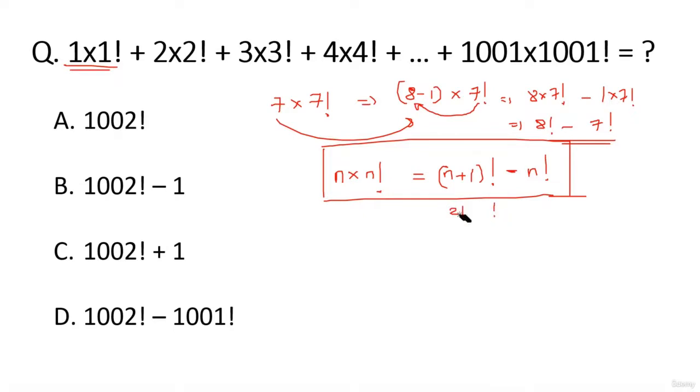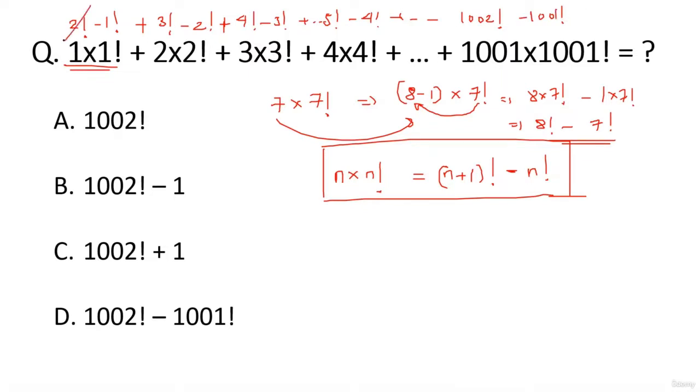Plus the next term, 2 into 2 factorial, which will be 3 factorial minus 2 factorial, up to the last term, which becomes 1002 factorial minus 1001 factorial.